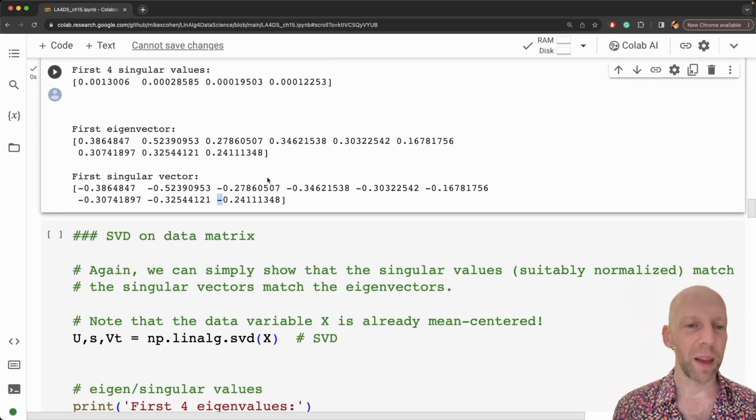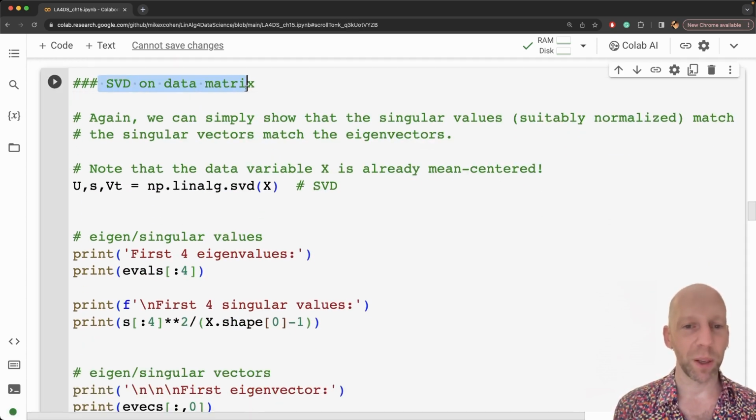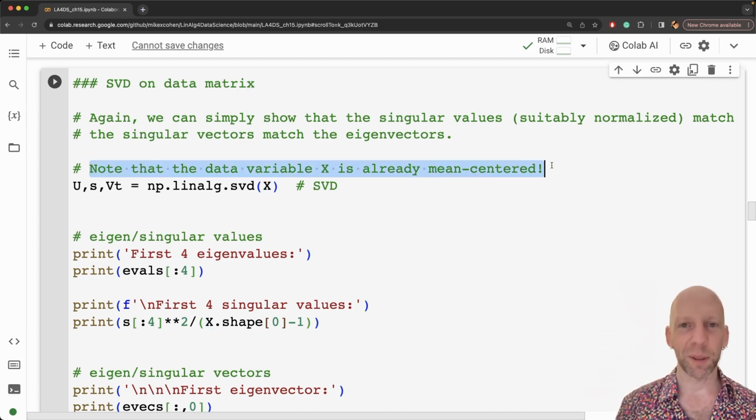Okay, so then slightly less trivial is the SVD on the data matrix itself. So notice that here we are not computing the SVD of a covariance matrix. We are applying SVD directly to the data matrix X. Now, here is an important note. This is one of several normalization factors that you need to worry about. And that is that variable X needs to be mean-centered.